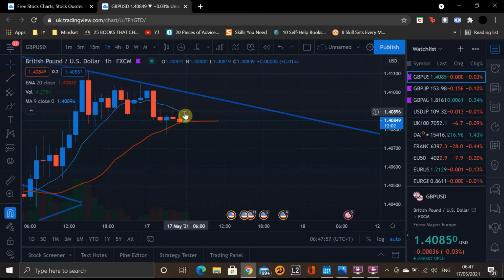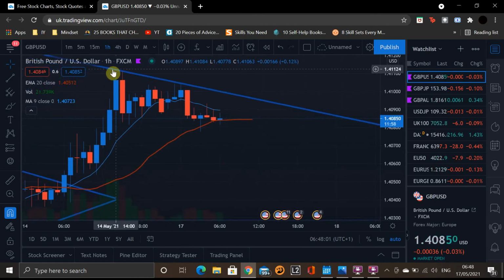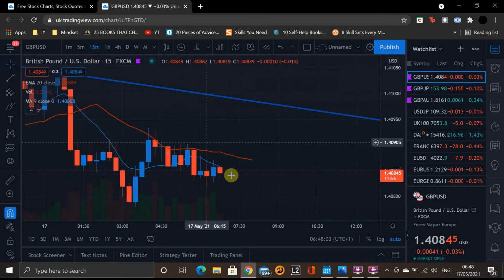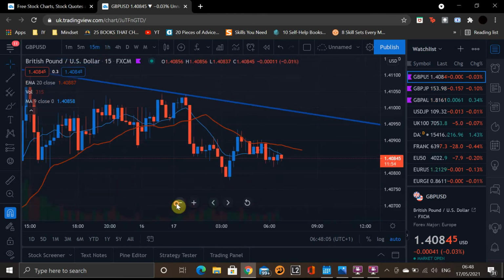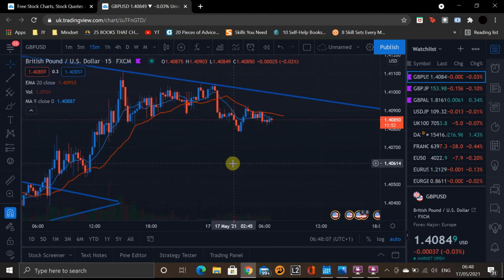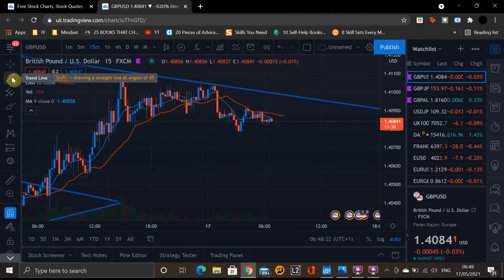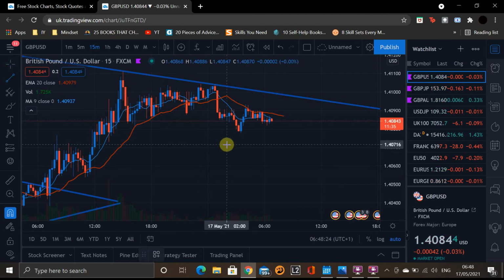You need to keep an eye on these moving averages as well, and also on the candlesticks. It had a crossover, the red line is over the blue line on the 15-minute time frame. Not too sure what could happen, but I don't know, maybe if I drew a trend line here.